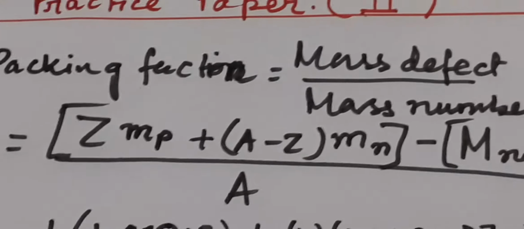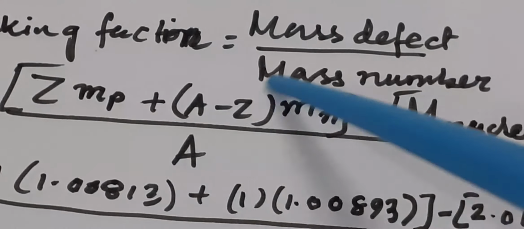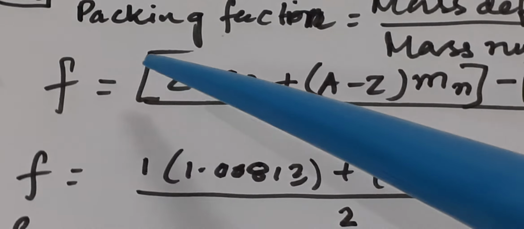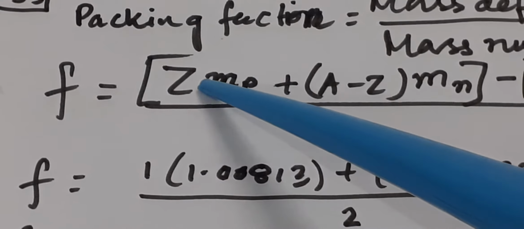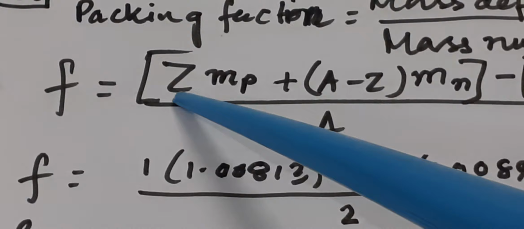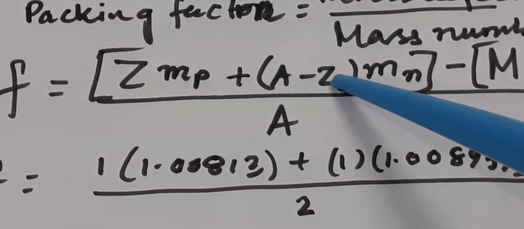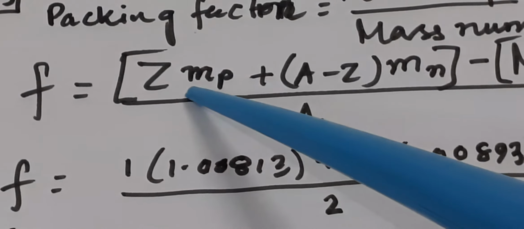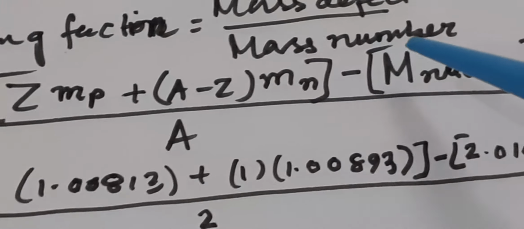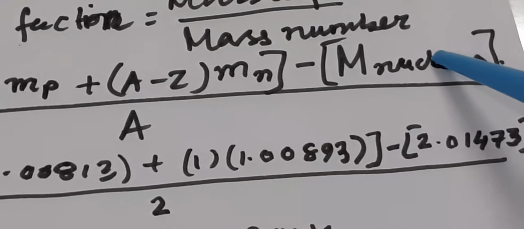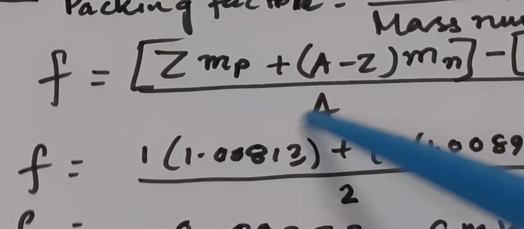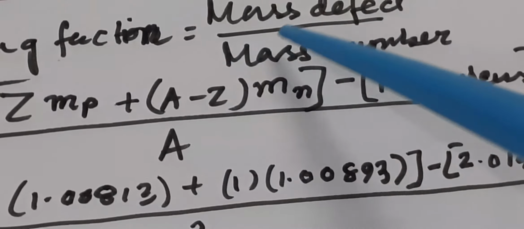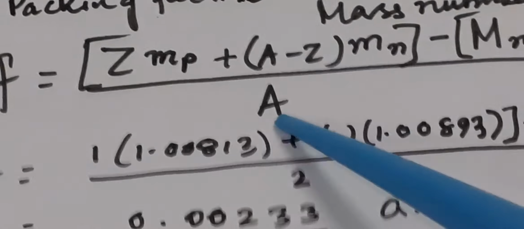Now here Z is the number of protons, Z is the atomic number, and this is the atomic mass minus Z into neutron number. Mass of neutron, mass of proton, and minus mass of nucleus of deuteron, divided by the mass number of deuteron.